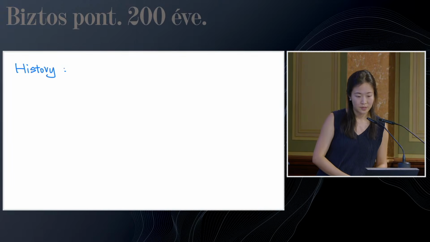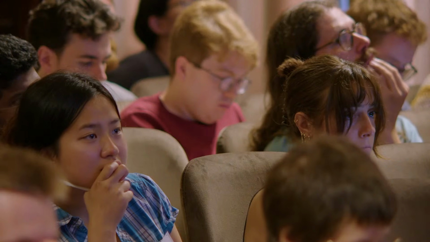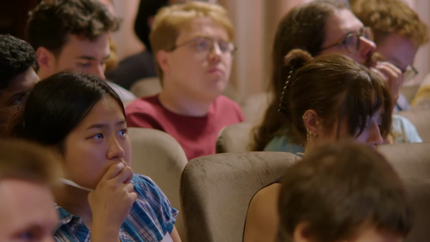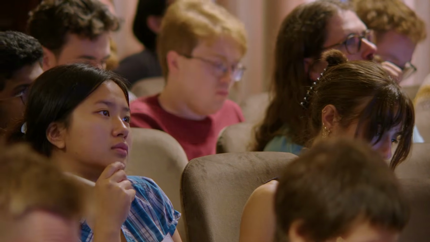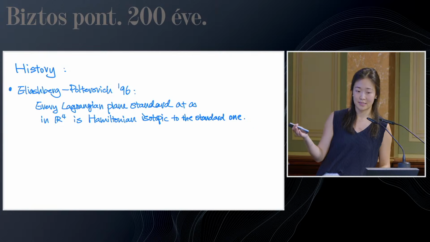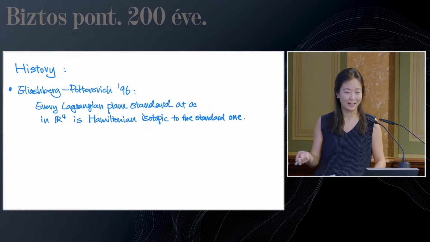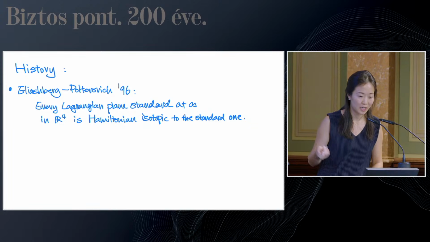Some history of the problem. In contrast with the previous results, this is a positive result. And similar positive results date back to Eliashberg-Polterovich. This is really where the nearby Lagrangian conjecture started.